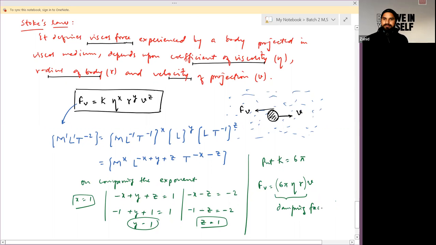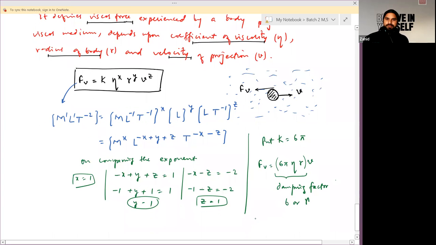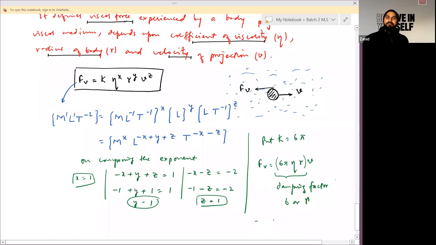It may be represented by B or sometimes gamma. So the above equation will be minus gamma times V or minus B times V. The minus is due to its opposing behavior. Is it clear?